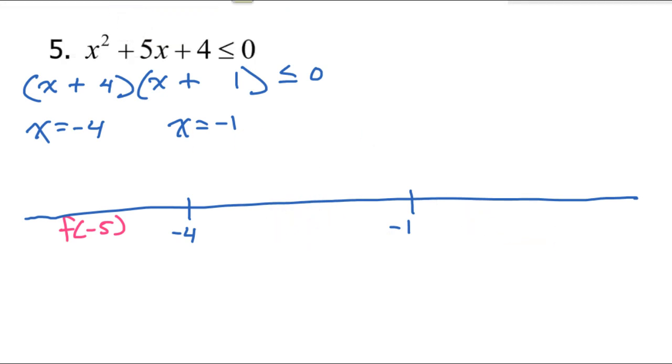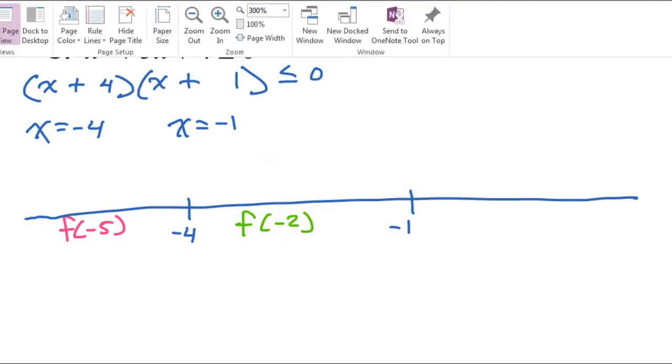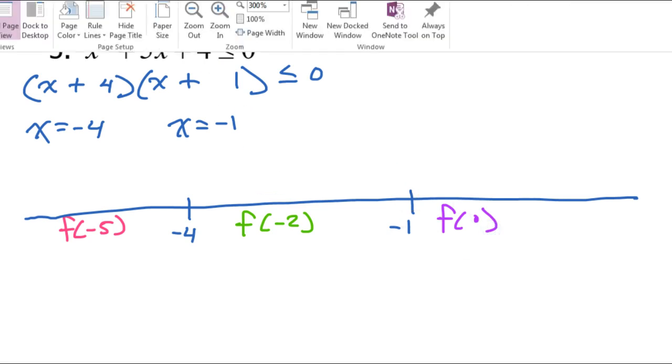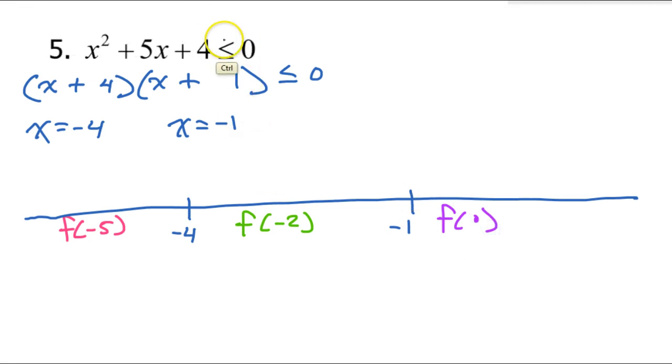Hold on. Okay, f at -2. F at 0. Because of the or equal to, these endpoints should be included. So I will show that with closed circles.